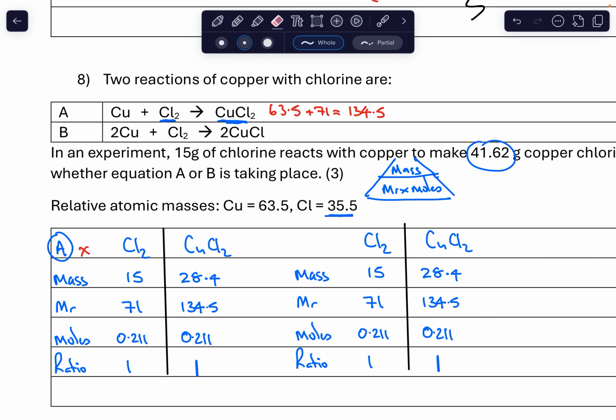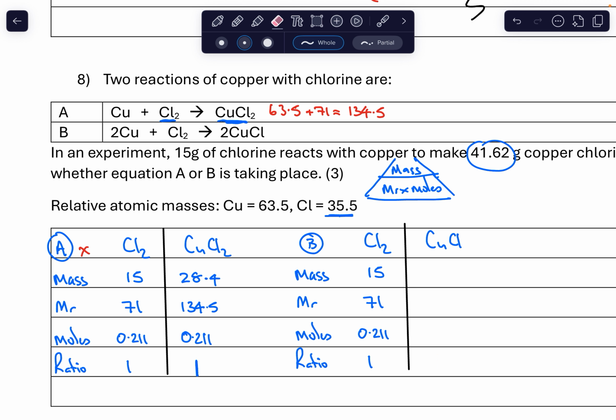So this needs to be B. Right. Just check a couple of things. So first of all, in this equation, you can see here that we're actually making copper chloride and it's got a different formula. So let's change that because that's going to change my mass. Get rid of that, get rid of that, get rid of that, and get rid of these two.